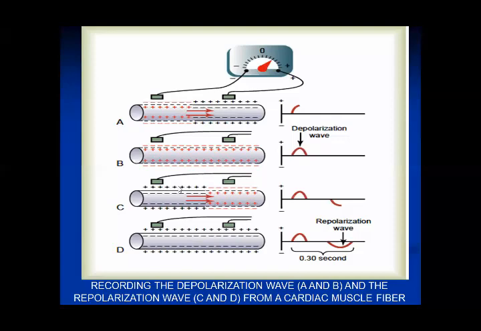The negative electrode is placed in the positive domain, and the positive electrode is placed in the negative domain. So the electrodes are not in their respective domains, they are in their opposite ones.